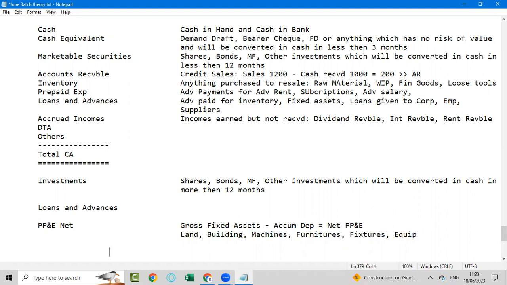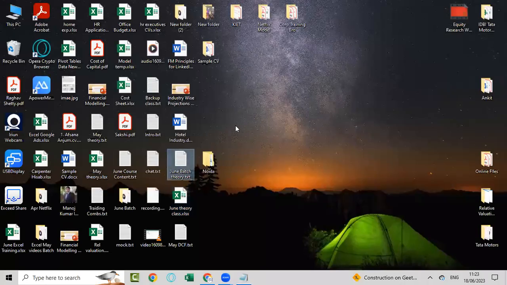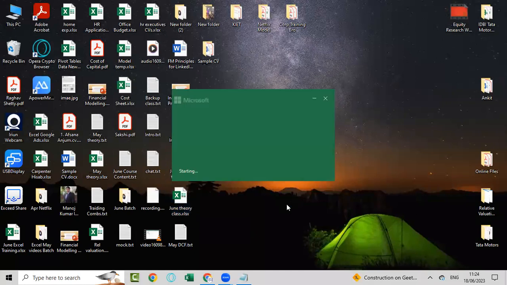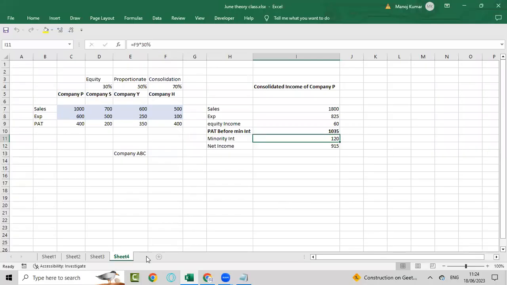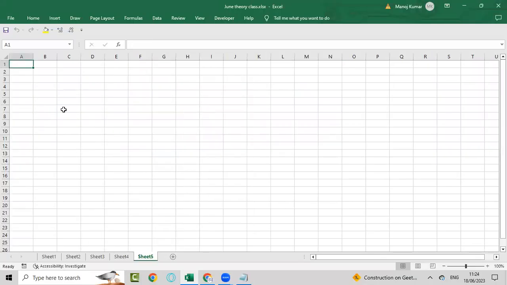For example, just to show you this thing. Land, building, machines, furniture, etc. So you have some values here.